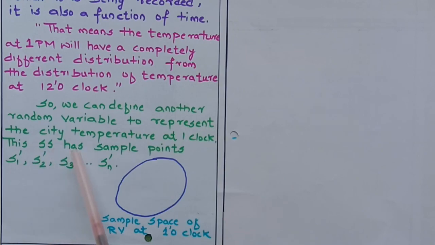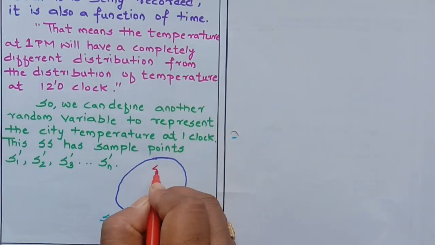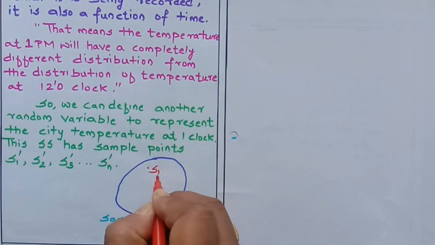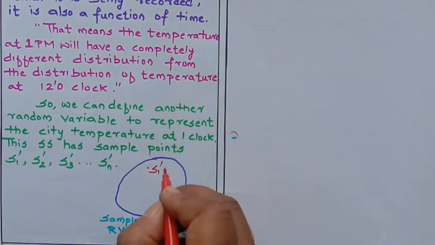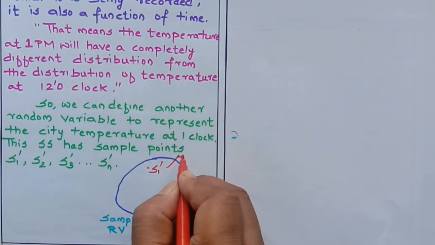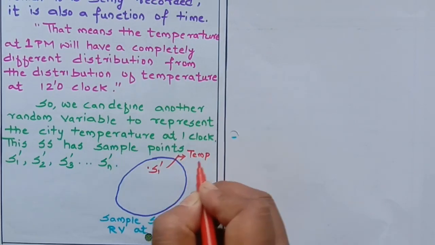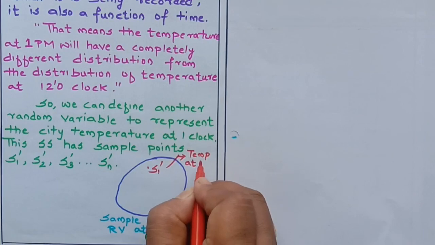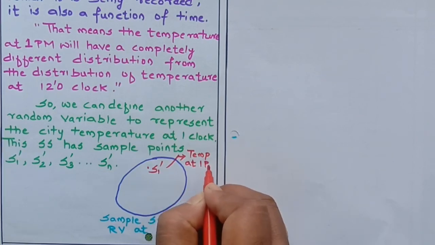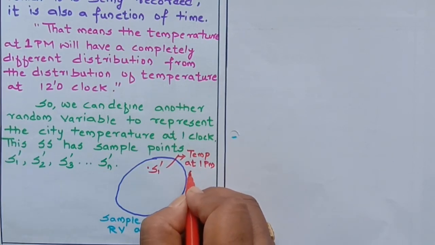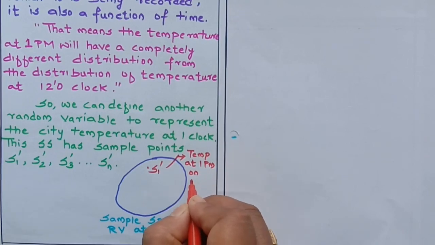This sample space has sample points like S1 dash, which represents the temperature of the city at 1 p.m. on day 1.